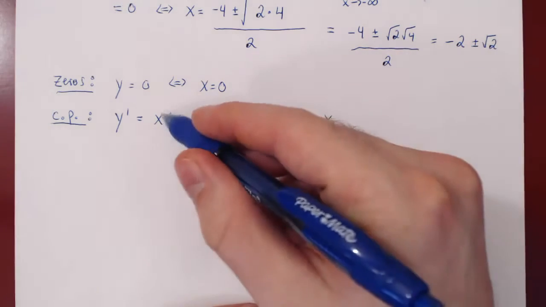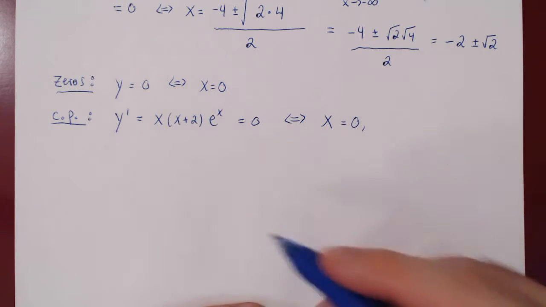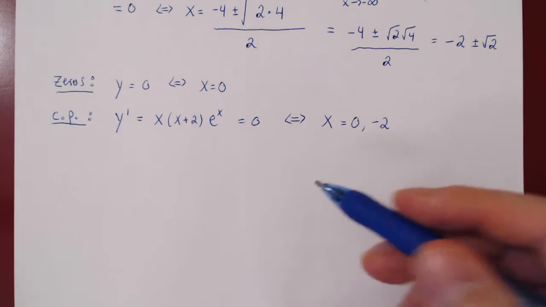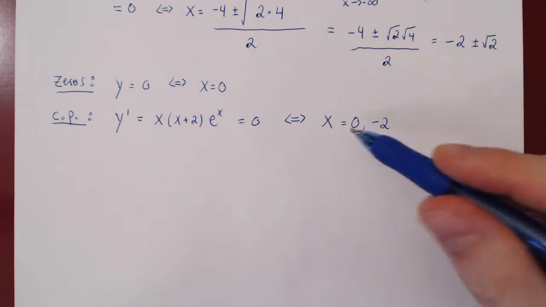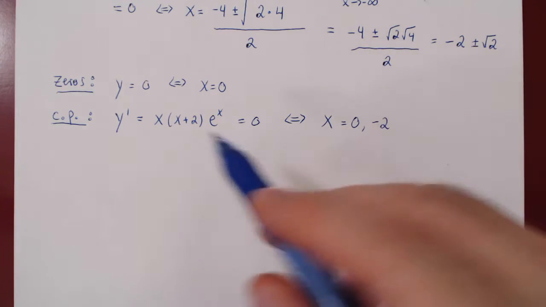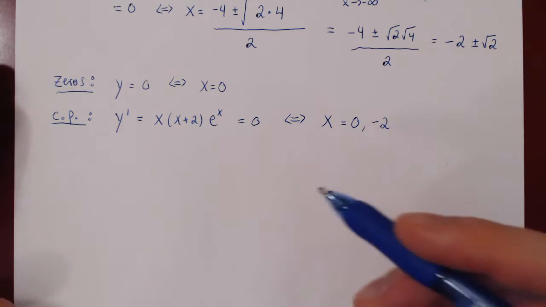Therefore, if x is equal to 0, first critical point, x plus 2 is 0 if x is negative 2. e to the x is always strictly positive, so we only have two critical points where the derivative is 0. So at x equals 0 and negative 2, the curve will be flat at those 2 points.